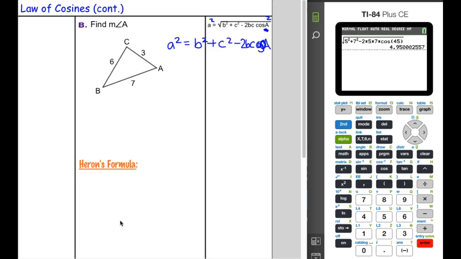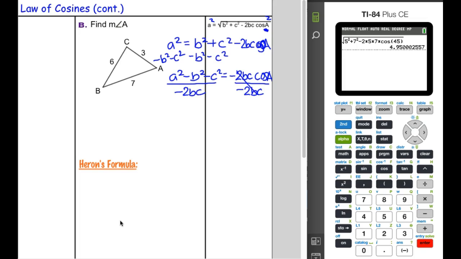Then I'm working towards getting down to that angle A. First I'm going to start by subtracting B squared and C squared. Now I've got A squared minus B squared minus C squared equals negative 2bc times the cosine of A. I need to get rid of that negative 2bc. It's being multiplied by the cosine of A, so I'm going to divide by negative 2bc.